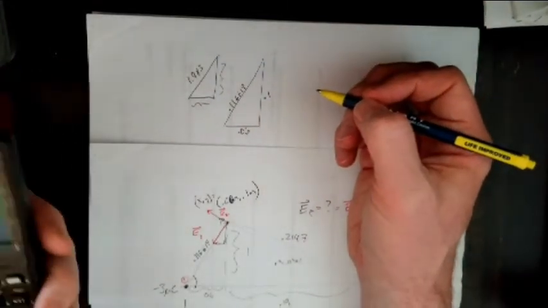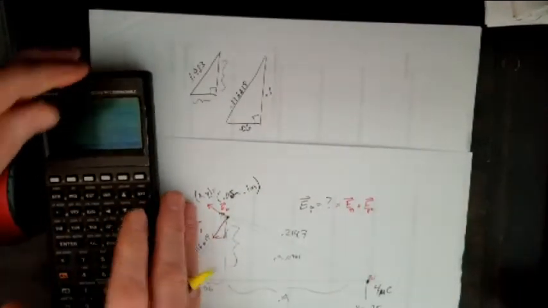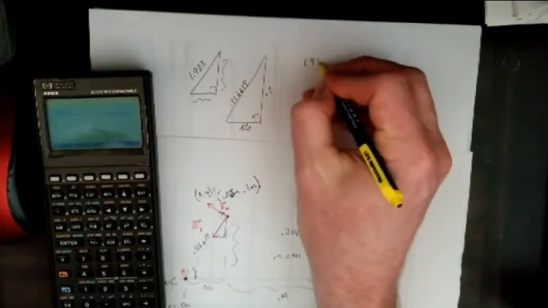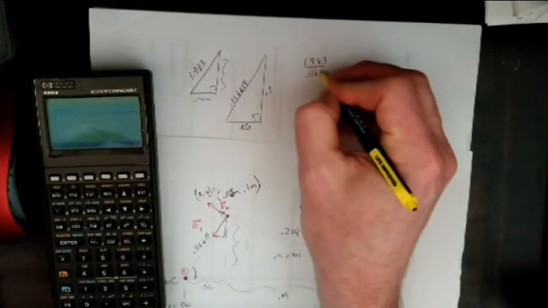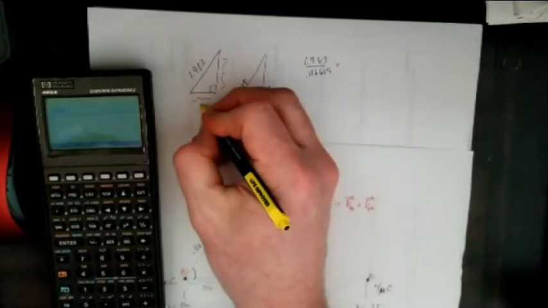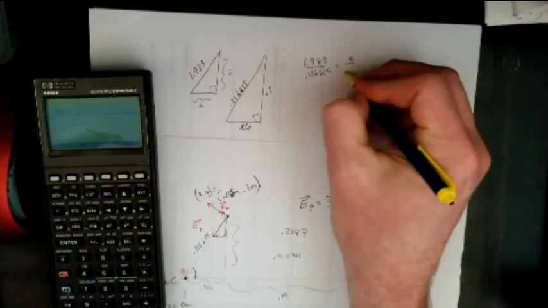Or, in essence, we are deriving the trig relationships here. I don't have to know the exact angle, but let's go ahead and do that. So that divided by that, so I have 1.983 over 0.116619 is, I'll call this A and B. So that is that, as A is to 0.06.